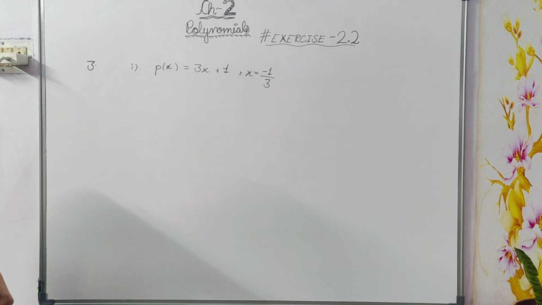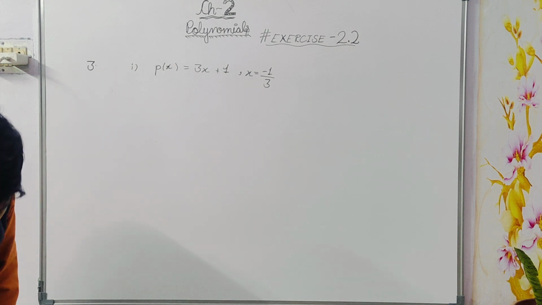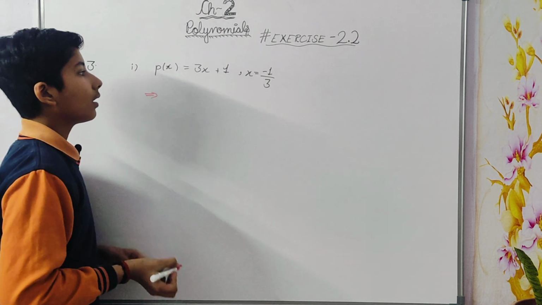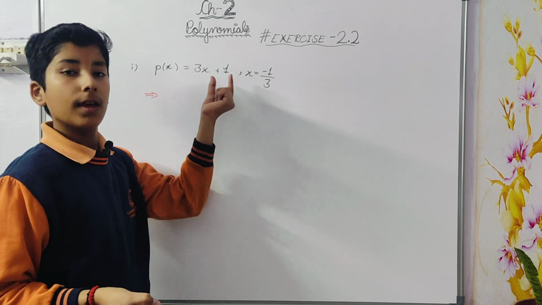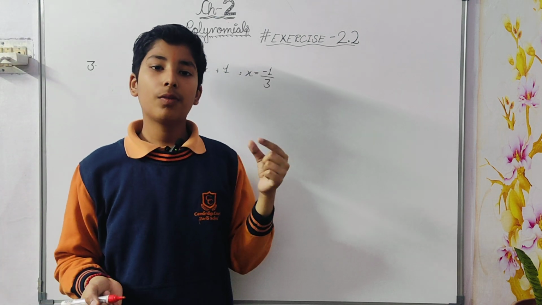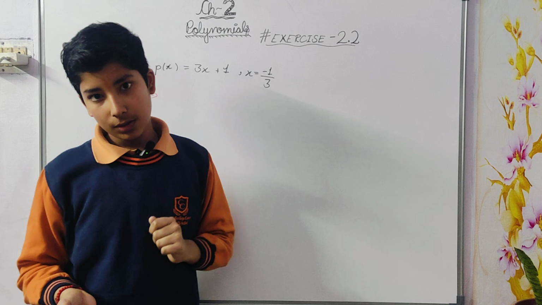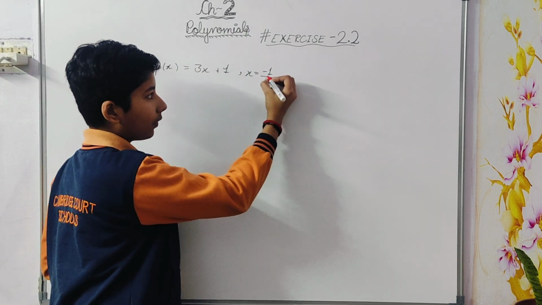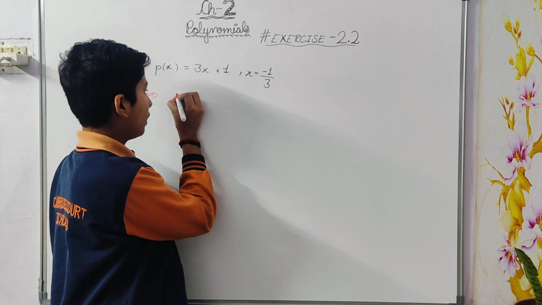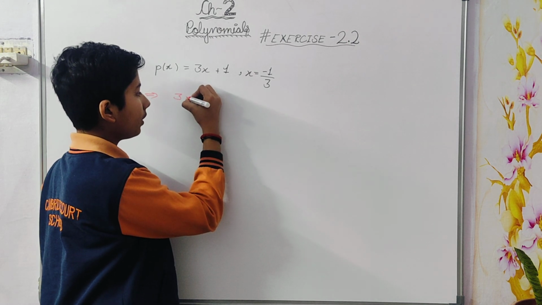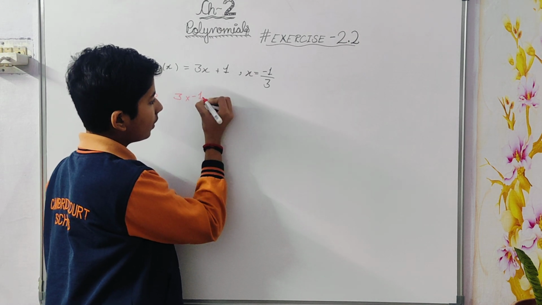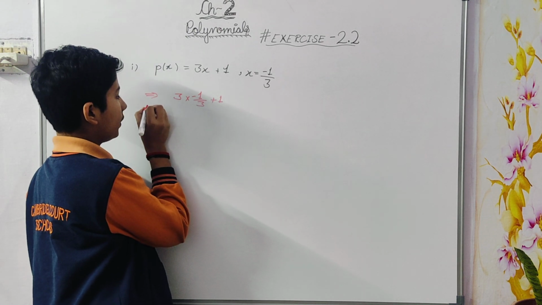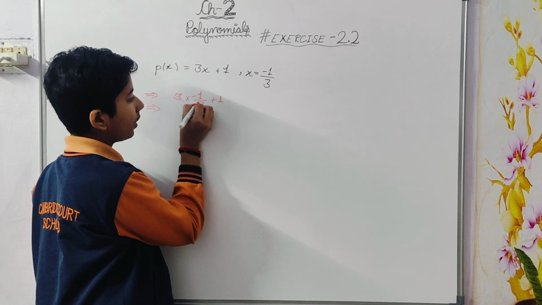Okay, so let's solve this. If our answer after solving this comes as 0, we will write yes, otherwise we'll write no. So 3x plus 1, the value of x is minus 1 by 3. 3 into minus 1 by 3 plus 1, which means 3 and 3 cancel.